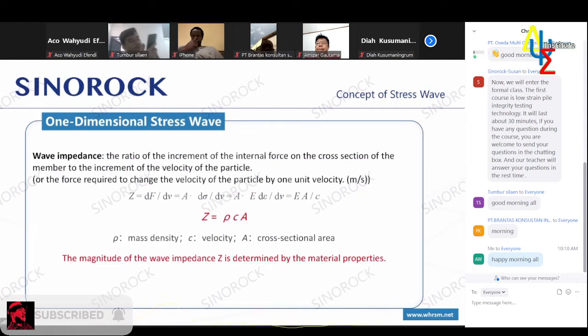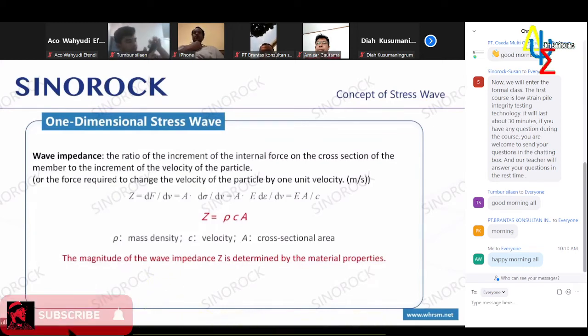C is the elastic wave velocity, that is, the wave velocity of stress wave propagation just mentioned. And A is the cross-sectional area of the member. Therefore, the magnitude of wave impedance is determined by the properties of materials.